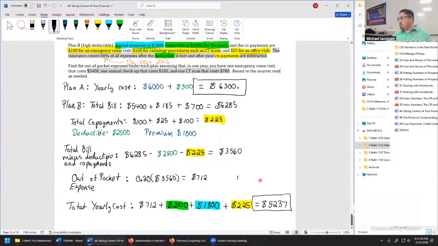But for a person who can't necessarily take a huge premium, they feel reasonably healthy and they're willing to take on some risk, Plan B might make some good sense because it did come out substantially less.